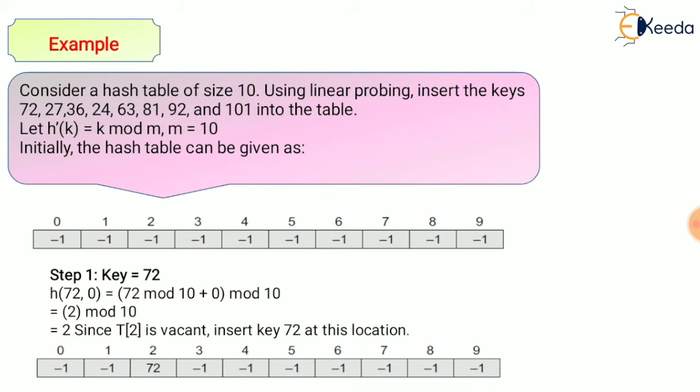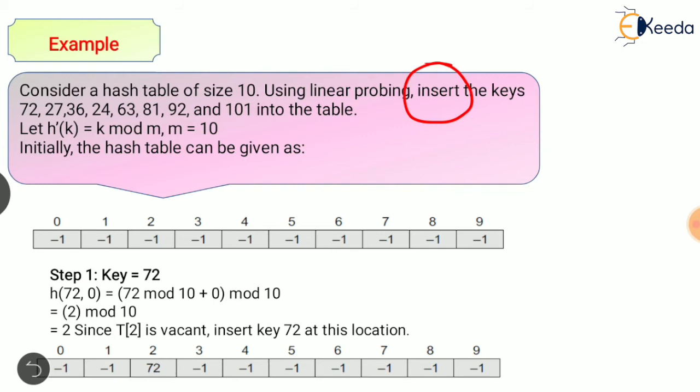Using linear probing, insert the keys 72, 27, 36, 24, 63, 81, 92, and 101 into the table.